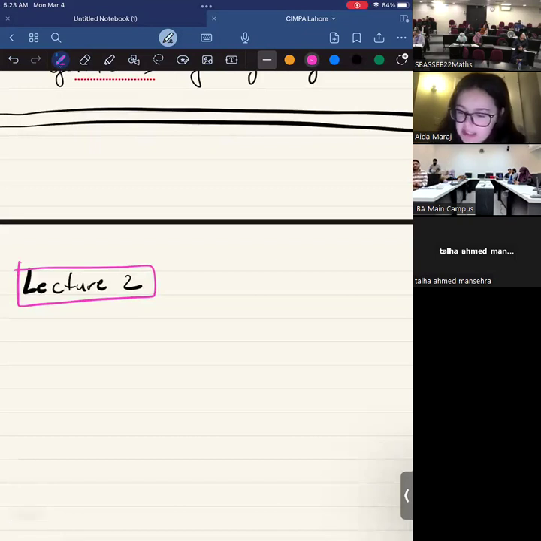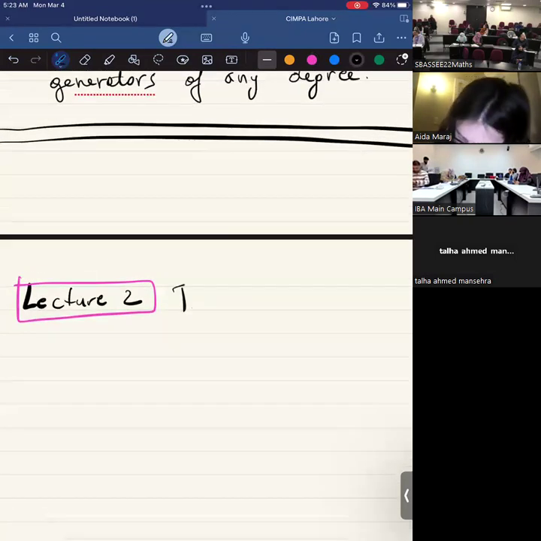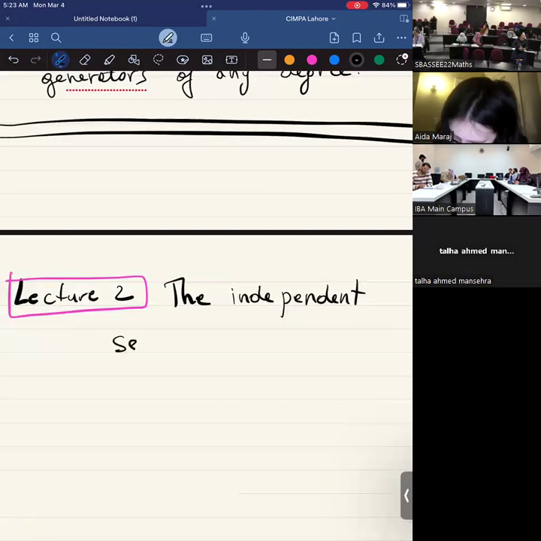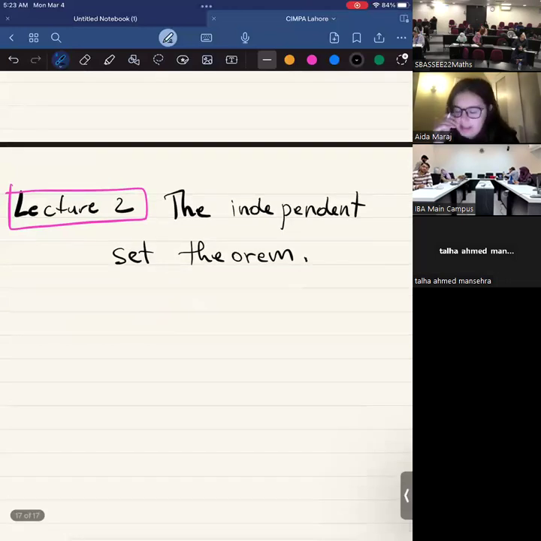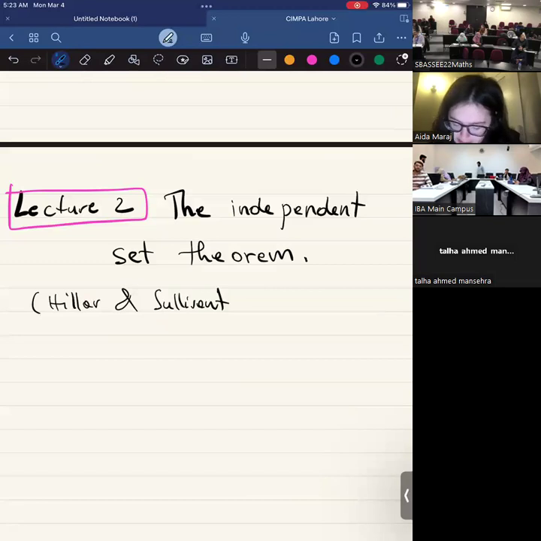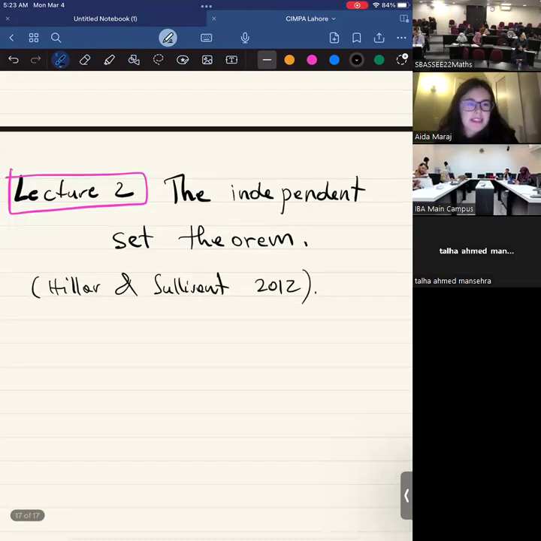Okay, so this is on independent sets. And this is mainly based on the paper by Hillar and Sullivan from 2012, the one that I mentioned. But before I go there, we'll need some notation and all that.